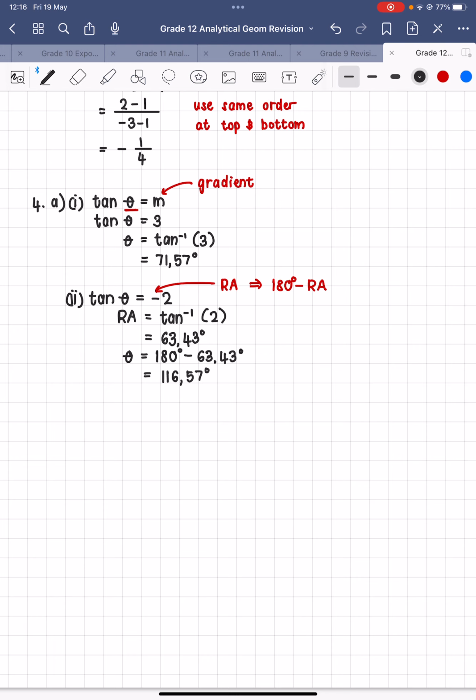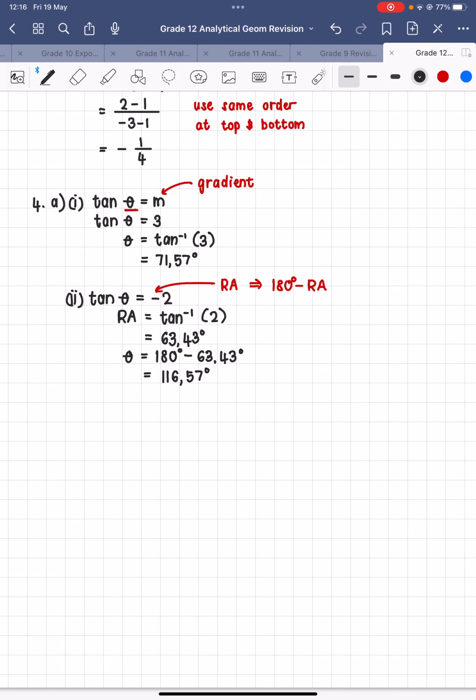Now guys, if the context of this question had nothing to do with angle of inclination, we would actually use the same method. If they said solve for theta in this equation, your angle has to be between 0 and 180, because an angle of inclination is always between 0 and 180. We would also get our reference angle, and then we would say, in which quadrant will tan be negative?